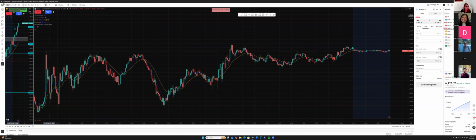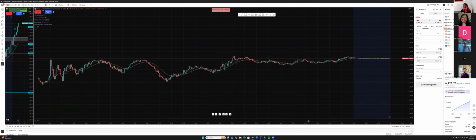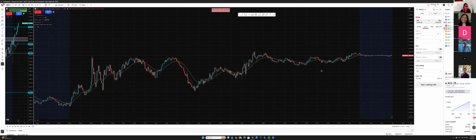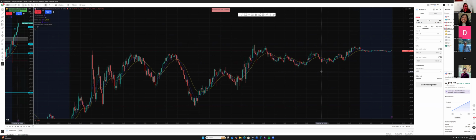I trade the micro ES. If you're a beginner and you don't want to spend a lot of money and you want to keep your risk tight, I think the micro ES is good. My risk with the micro ES when I trade three contracts is between $70 to $100, which is not that much.